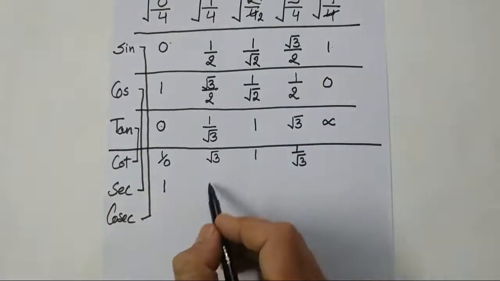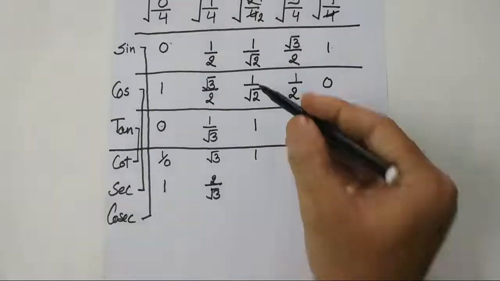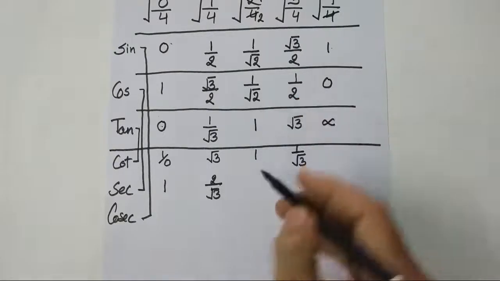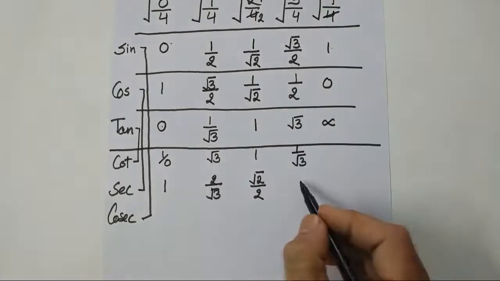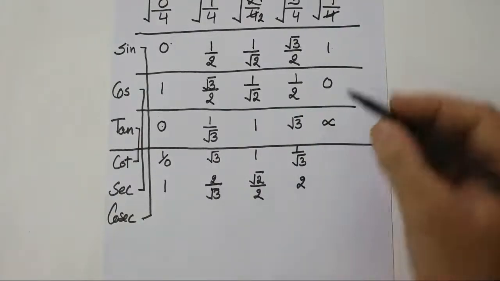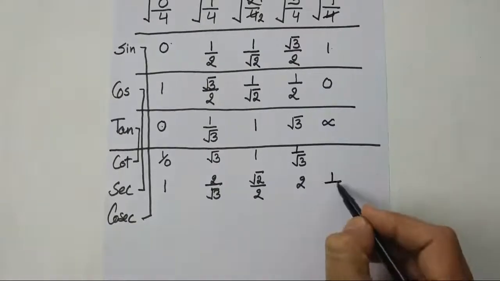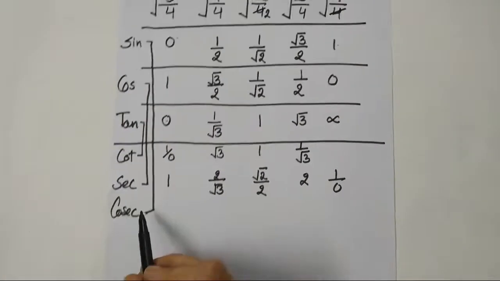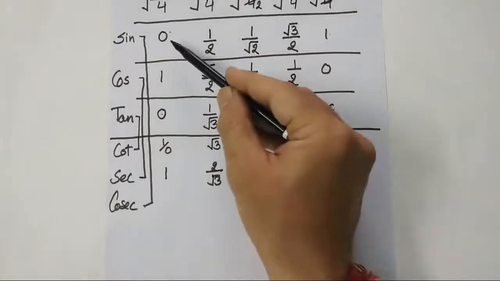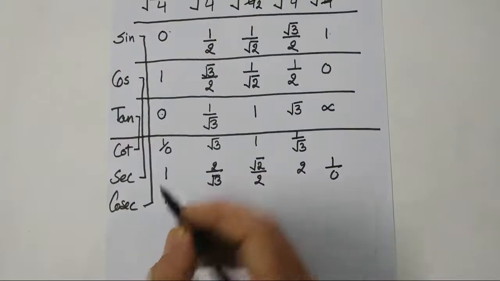1 by this will become 2 upon root 3. The reciprocal of this will become 1 upon 1 by root 2, which will become root 2. This will become 2 upon 1, and this will become 1 by 0. 1 by 0 is how much? The same, infinity. Now cosec is the reciprocal of sine.